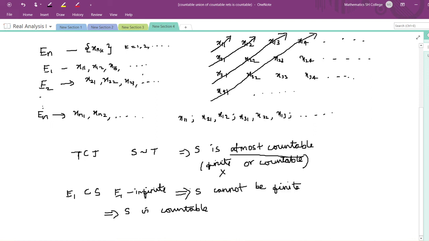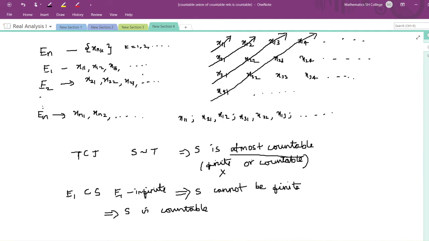So we have shown that the countable union of countable sets is countable. It is a very important result. Try to understand the proof very clearly. It is given that each En is countable. We listed out the elements of En, then considered a particular array, and if we arrange it like this, every element of S will be included, but there may be repetitions.